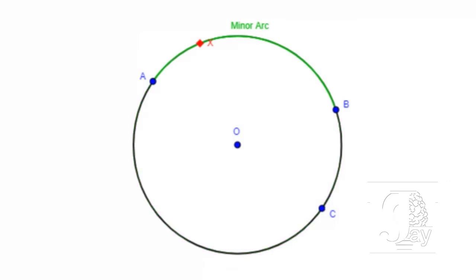So if we increase the minor arc, and when it is equal to half of the circular arc, then it is known as a semicircular arc. Thus the arc length from A to C is the semicircular arc of the circle.